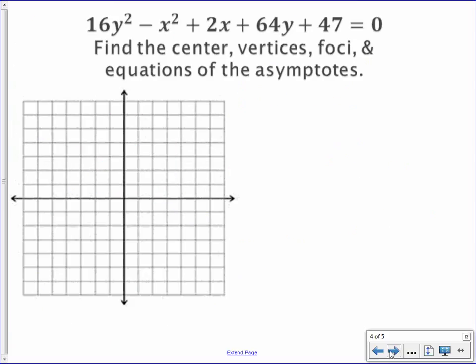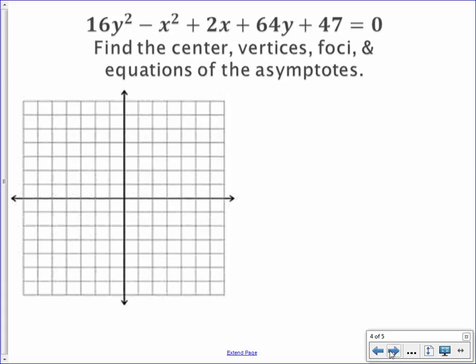Let's try another example. Now, not every time will I give you a hyperbola in standard form. What I want you to take note of is how we know that this is a hyperbola to begin with, even though it is in general form. First off, we know it's not a parabola because there's an x squared and a y squared present.